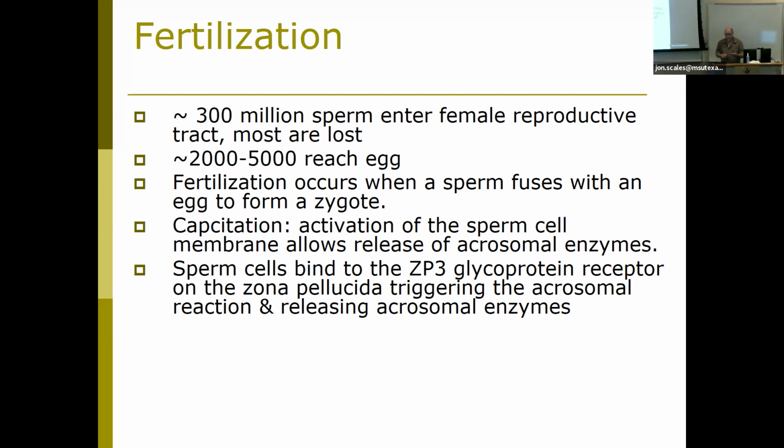As the sperm move through the reproductive tract, they are moving through an environment that starts modifying what's on the surface of the sperm. That process is called capacitation, where the sperm will actually interact with an outer layer of cells surrounding the egg and release enzymes that they were storing in their acrosome.